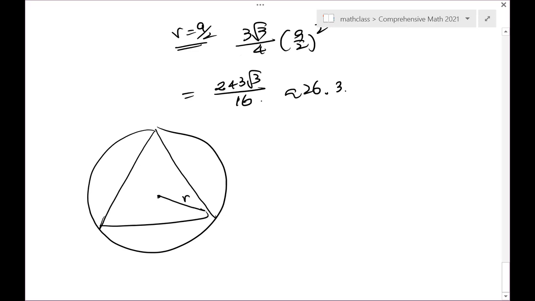This is a radius, and this is half of A. If you recognize this is going to be 30 degrees, the other side will be half of R, and the height will be R. So you already know how to express in terms of R.